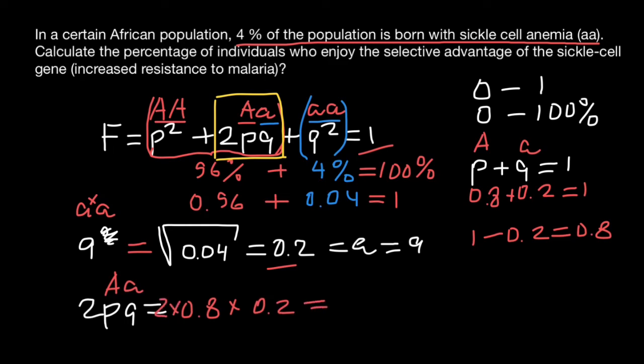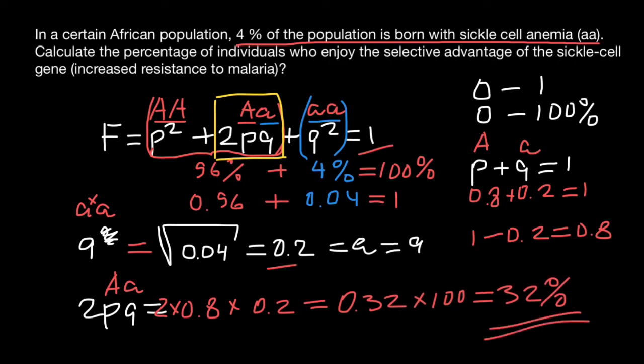And what we are going to get, 0.8 times 0.2 is going to be 0.16, times 2 is going to be 0.32. And if we need an answer in percentage form, we just have to multiply by 100, and we are going to get 32%. And this is going to be our answer.